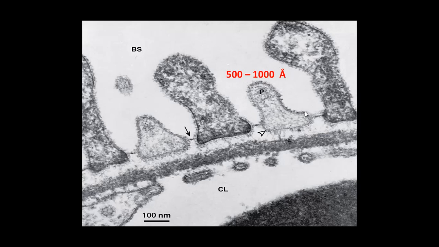So this is the transmission electron microscope, TEM, picture of the filtration barrier. On one side there are the epithelial foot processes, on the other side the fenestrated capillary endothelium, and in between the basal lamina or basement membrane, which is the only continuous layer.